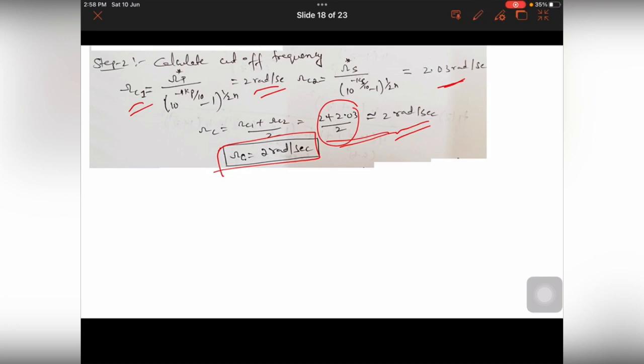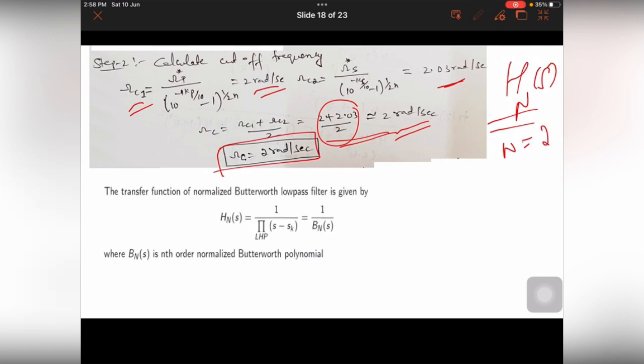Step 3 is to calculate the normalized system transfer function Hn of s. As we know here N is equal to 2, so we will get H2 of s, which is the normalized system transfer function. How to do that? We know Hn of s is equal to 1 upon the product of left half poles, s minus sk, or this s minus sk is called Bn of s, which is nothing but the normalized Butterworth polynomial.